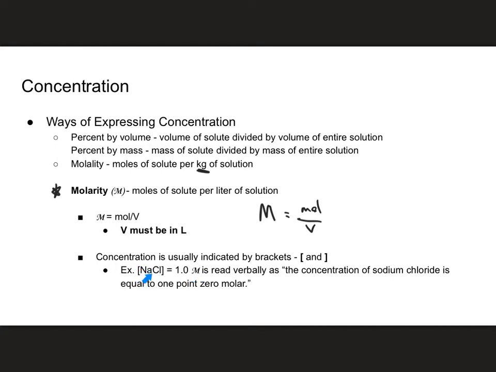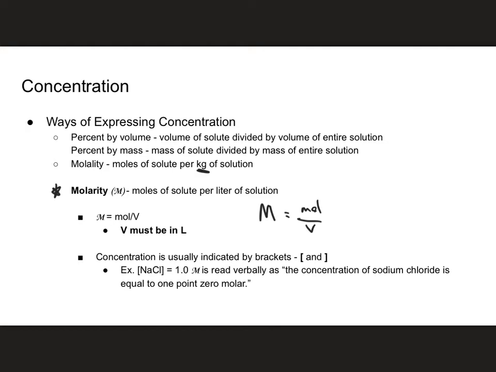So if brackets around a particular thing are equal to some number and then the molarity symbol, you'd read it verbally as the concentration of sodium chloride is equal to 1.0 molar. The concentration of NaCl is equal to 1.0 molar. That's how we read that. So get comfortable with that language. You're going to see that a lot moving forward.